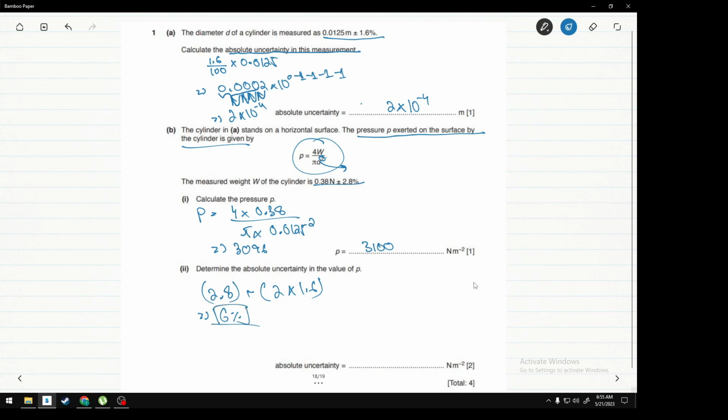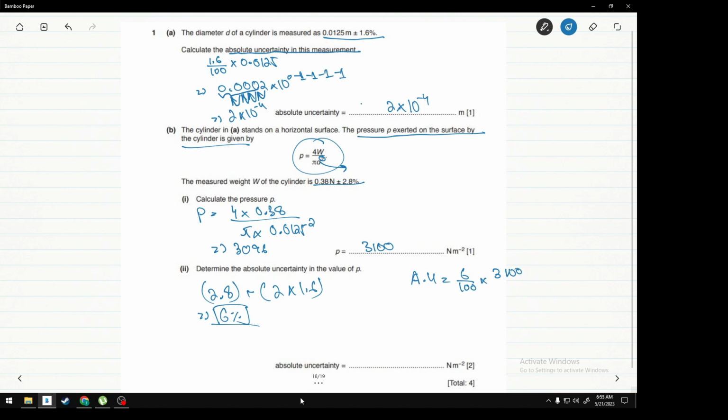6%, right? Now, just a simple formula of percentage uncertainty to absolute uncertainty, and I'm not going to write the whole formula and derive it again. Just going to write this multiplied by the value, which is 3,100, right?